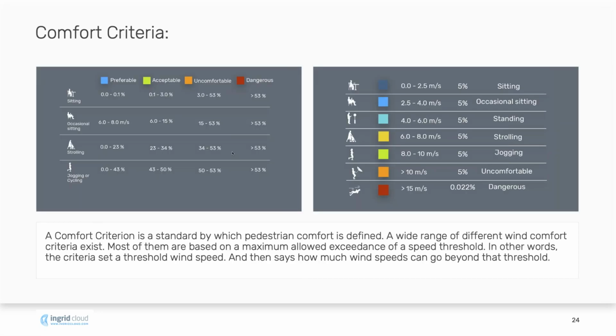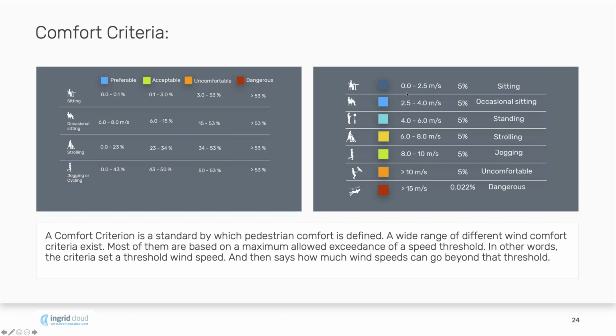The core of this application is the comfort criteria. Comfort criteria quantify the wind conditions for a pedestrian. They measure the percentage of exceedance of the wind speed during a defined time period for a pedestrian, that means at a height between 1.5 to 2 meters.